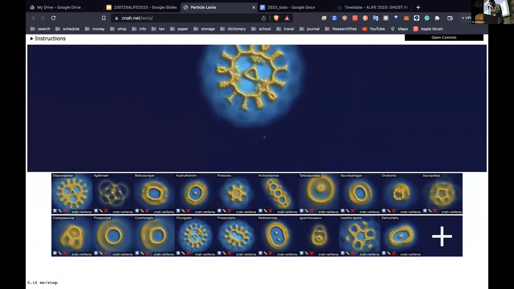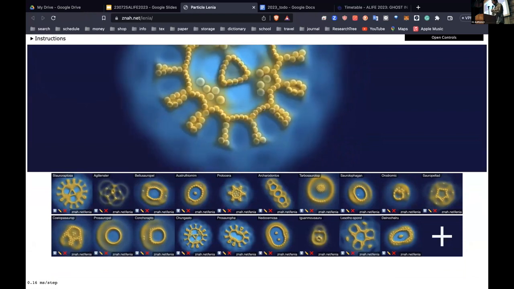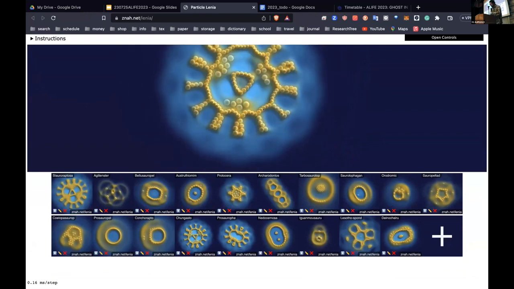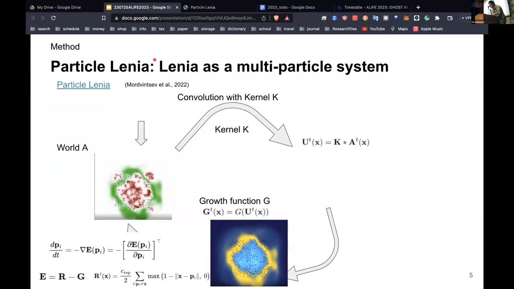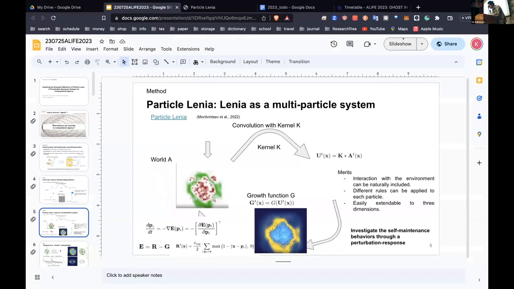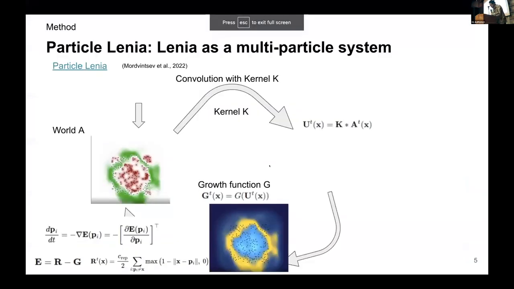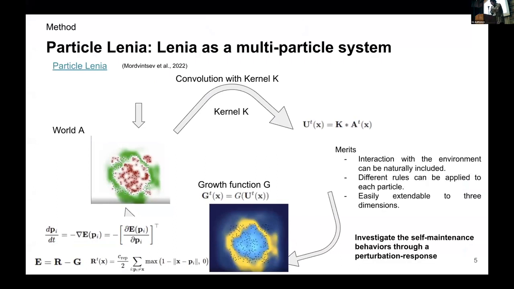And a rolling pattern also emerges. So we go back to the slides. We use this Particle Lenia and investigate the self-generation pattern and the self-maintenance behavior through the perturbation response.